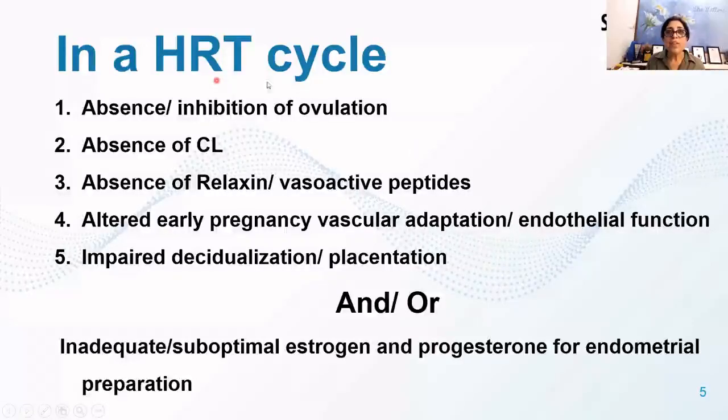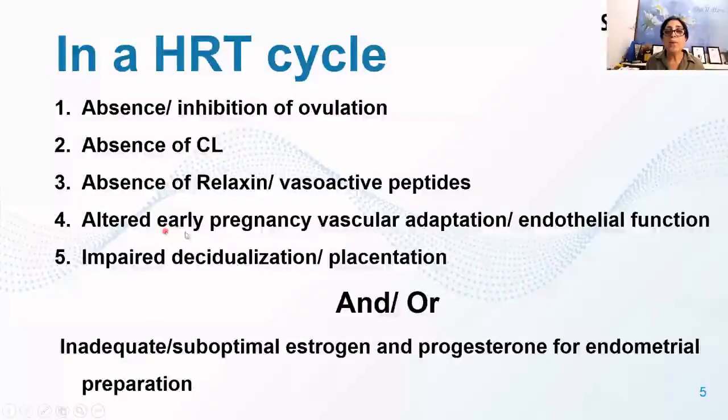Now, when we do an HRT cycle, either we inhibit ovulation or already that ovulation is not there. So there is absence of corpus luteum. Then, because of the absence of corpus luteum, there is absence of the corpus luteum secretory product, that is relaxin and other vasoactive peptides.